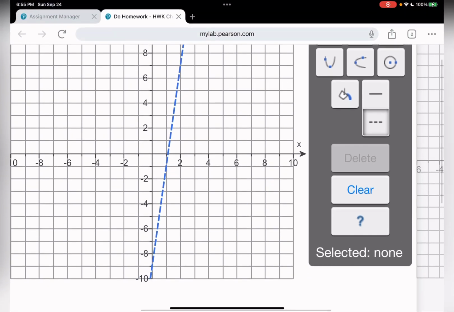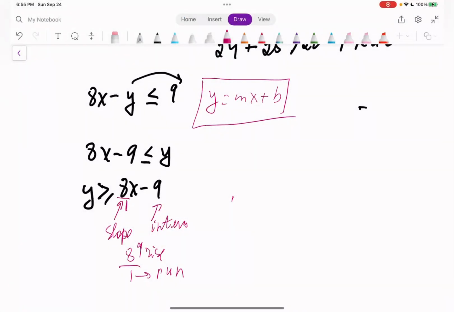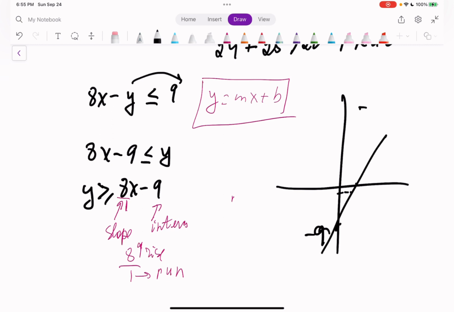Now let's check which side is going to be shaded. Let's take a point here. For example, this is 5, and this one, let's assume negative 10.